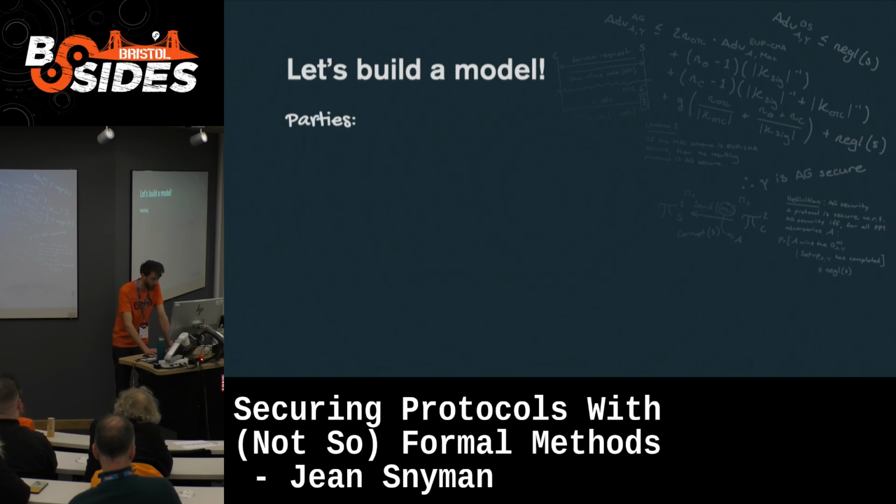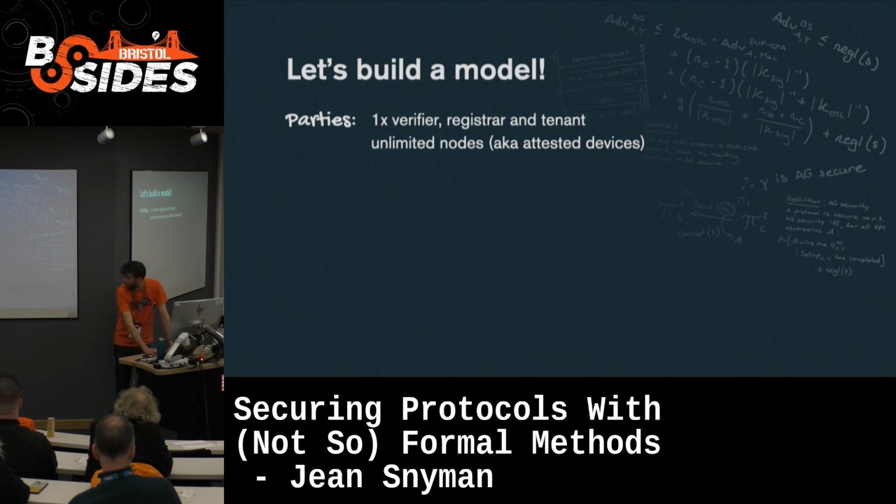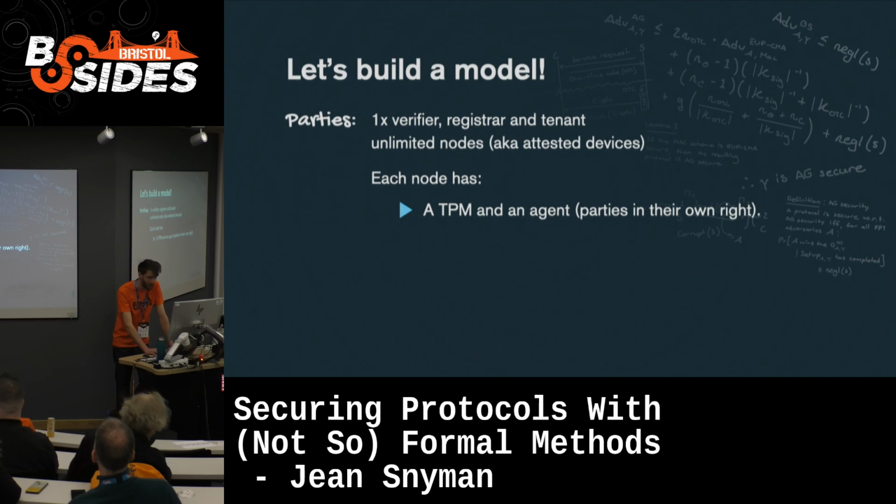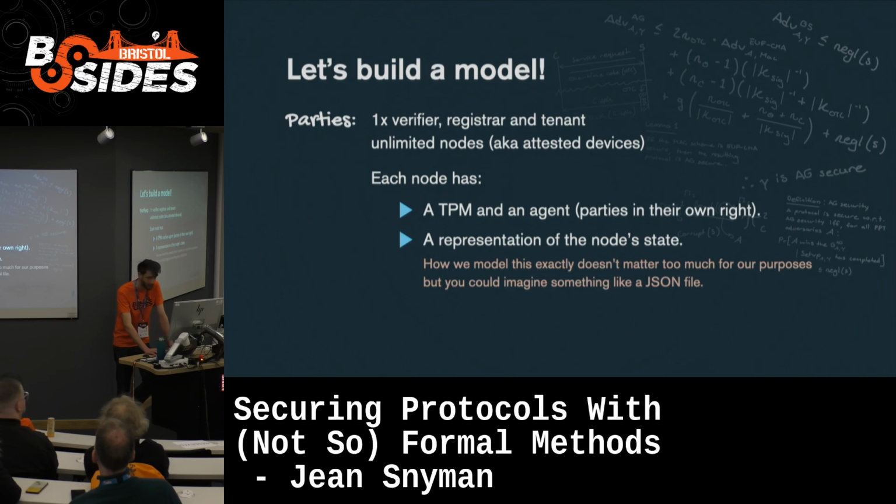All right, so very quickly, we have parties: a verifier and a registrar. Forget about the tenant. And we have many different nodes, or attested devices. Each node has a TPM and an agent, as we discussed before, and you can view these as parties themselves, because the TPM has different trust assumptions from our agent, even though they form part of the same node.